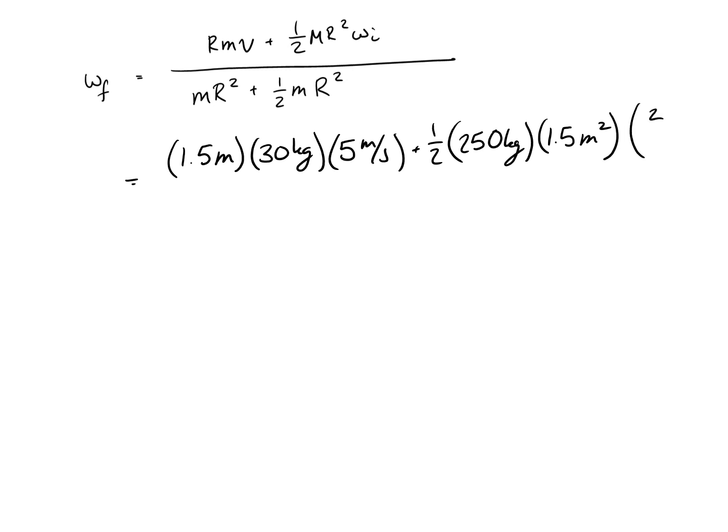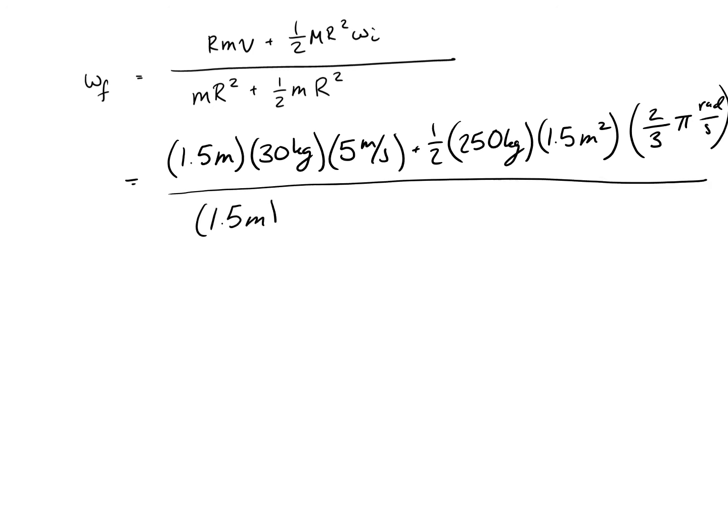And we said that we solved for omega I, it was 2/3 pi rads per second. That's all going to get divided by 1.5 meters squared, 30 kilograms plus half of 250 kilograms.